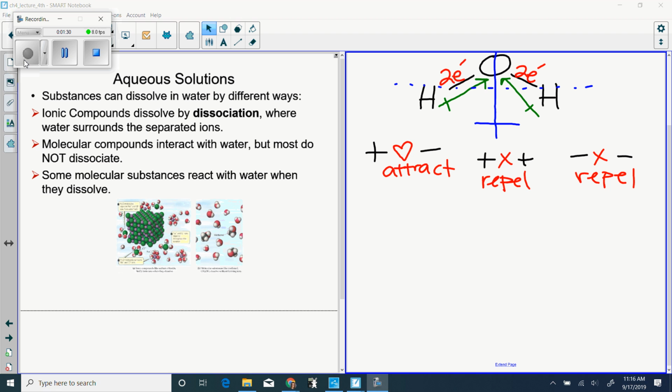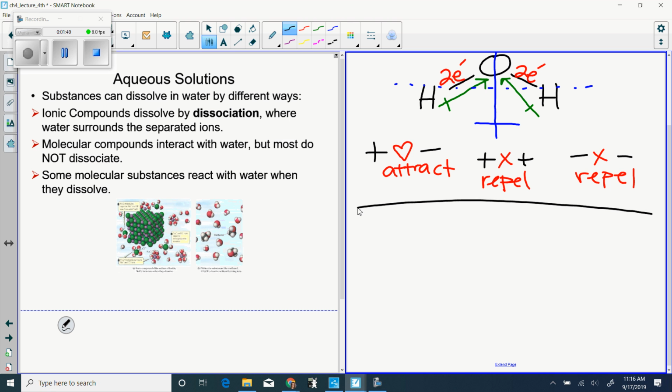That positive and negative side creates a magnet. Those water molecules are very little, and because of that and how weak hydrogen is, it makes it a very strong magnet. So positives will attract to negatives. Draw a line, and let's talk about ions.